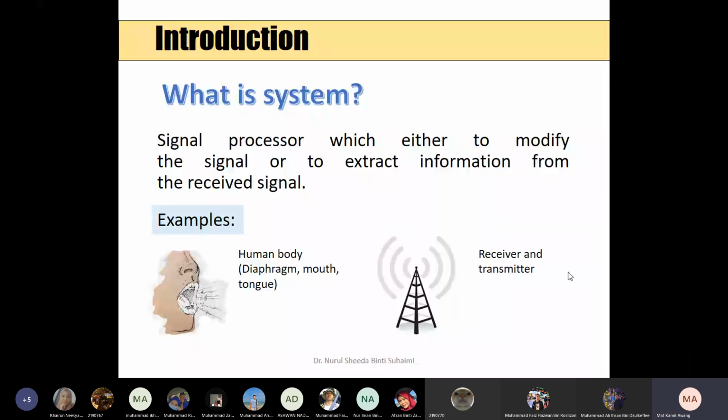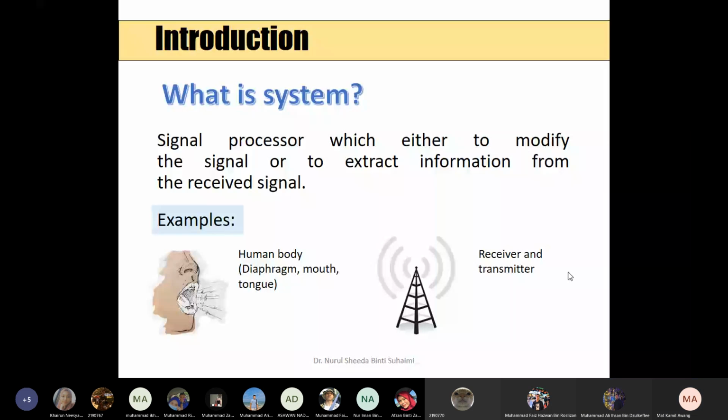That is a system where the air from the lung is the input, the human body with the diaphragm, mouth, and tongue is the system, and the output is the human voice.